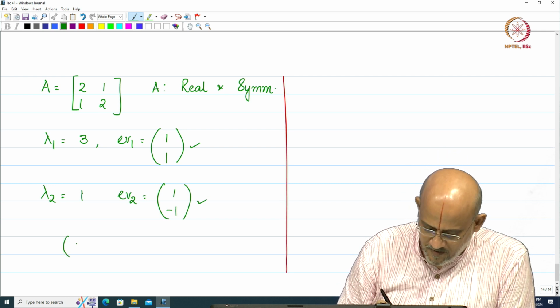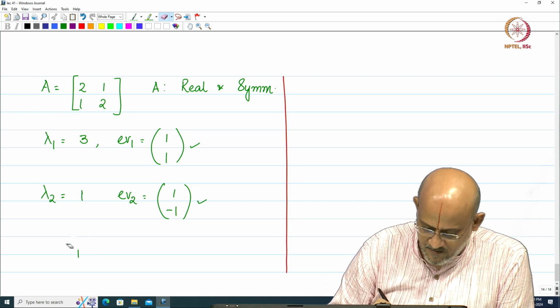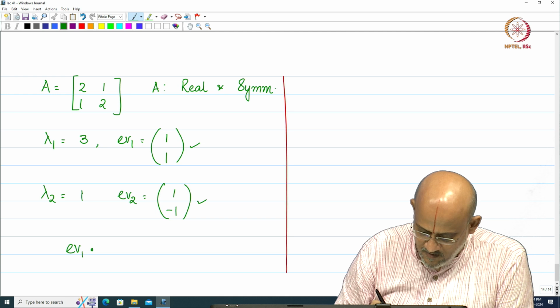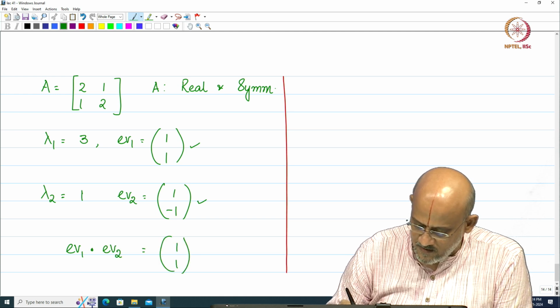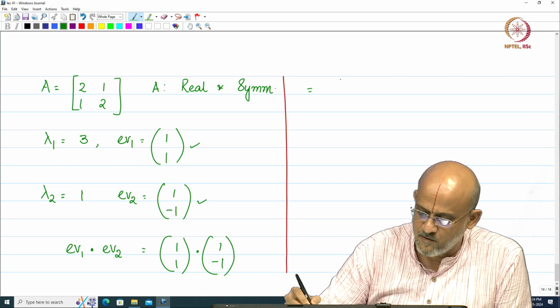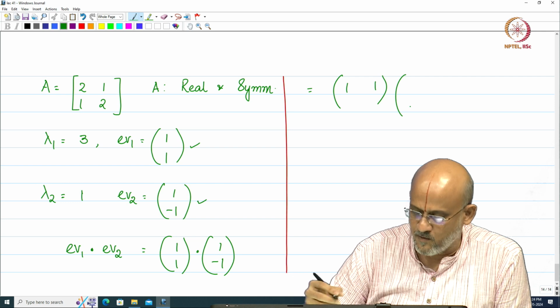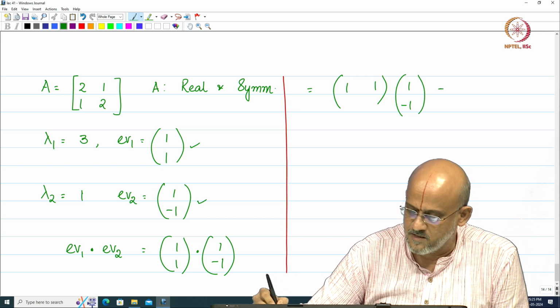Let us take the dot product of EV1 with EV2, EV1 dot EV2. What is that? We have 1 1 dot product with 1 minus 1. We already know what it is, the transpose of eigenvector 1 times eigenvector 2, this is going to be 0.